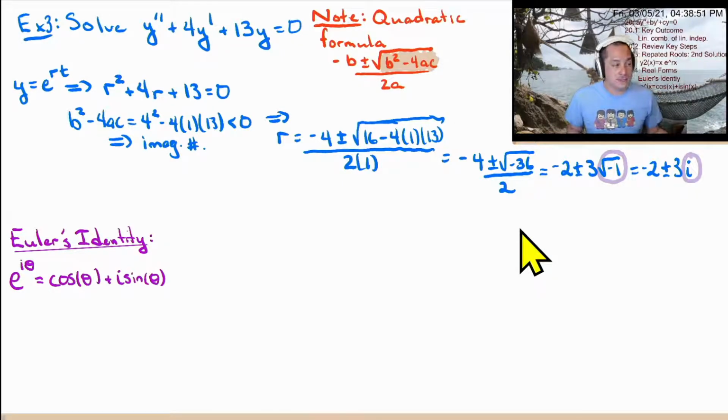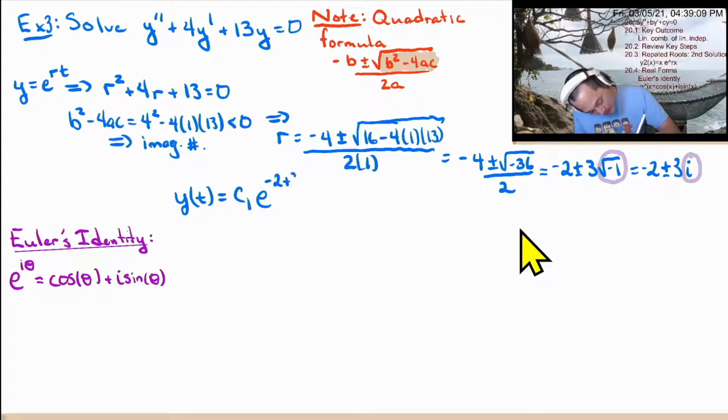All right. So what's the deal? Well, the deal is that I have 2 different roots, and if I have 2 different roots, I have 2 linearly independent exponential functions. That much is given. And so the solution is the linear combination of these 2: C1 e to the negative 2 plus 3i times t, plus C2 e to the negative 2 minus 3i times t.